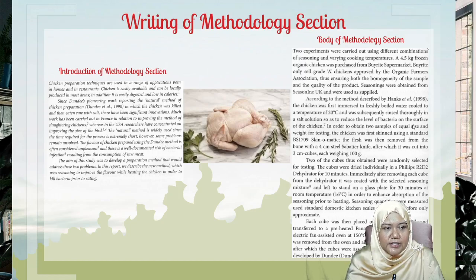chicken preparation. There is an introduction of the methodology section and the body of it. Whatever you are doing, you need to make sure that you write it explicitly, and you have a justification for what to write. Just remember: the recipe plus justification.